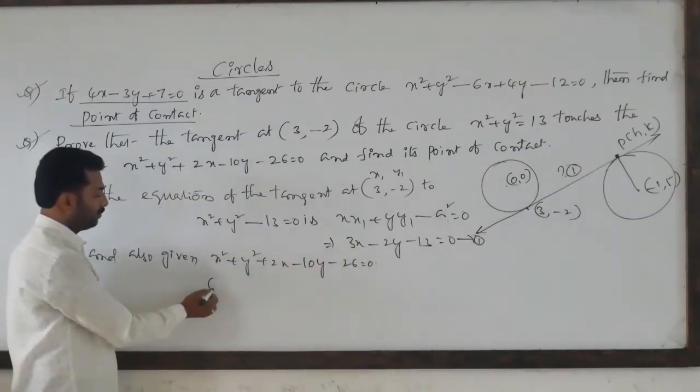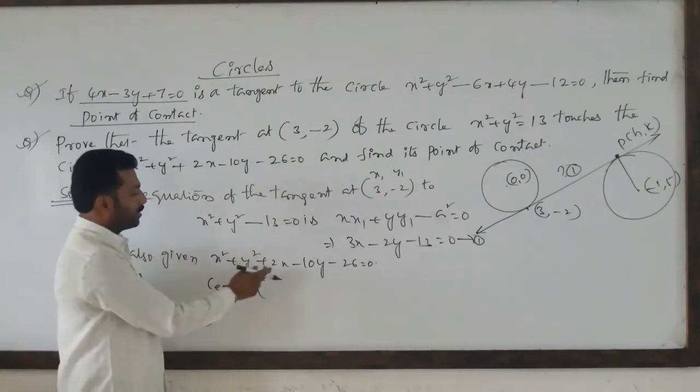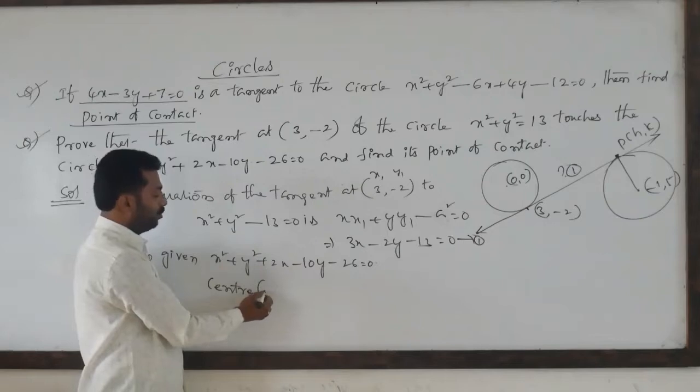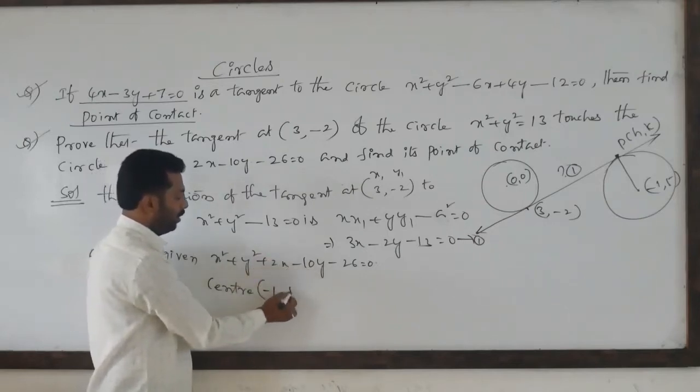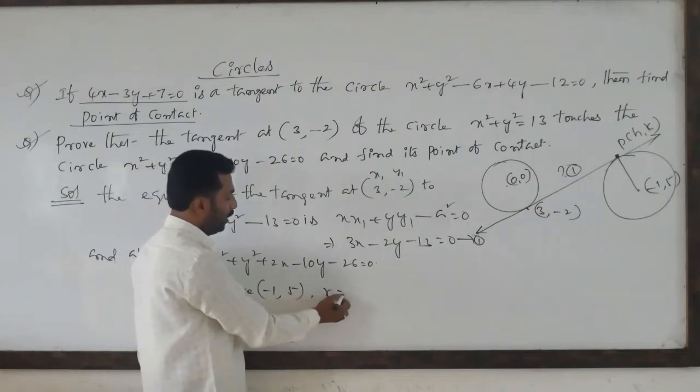Center: x coefficient divided by minus 2 means minus 1, and y coefficient divided by minus 2 means 5. What is the radius?